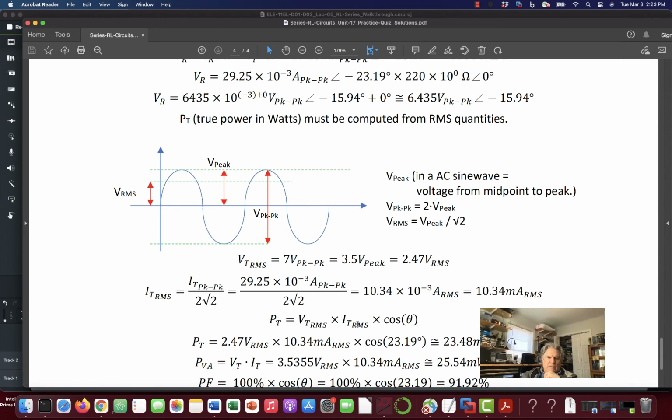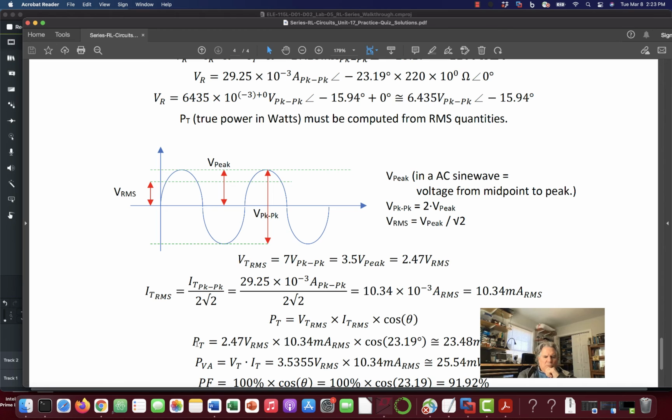But with AC, I've got RMS, and if it were a resistive circuit, I would just multiply them together and that's it. But if it's not, I then have to obey the power factor constraints, if you will.